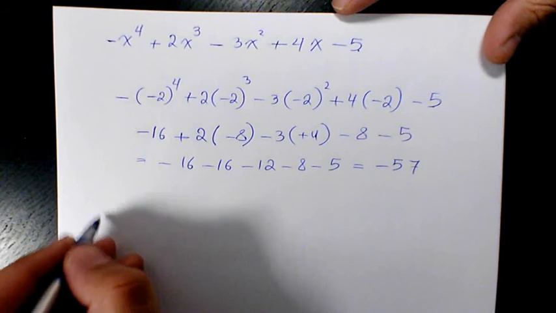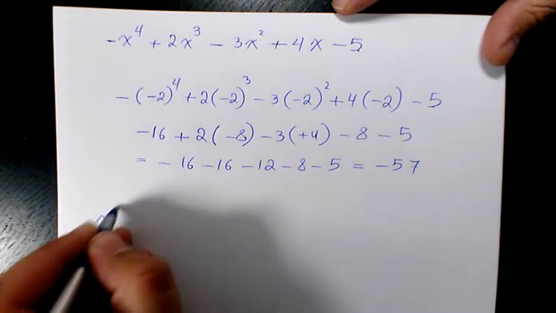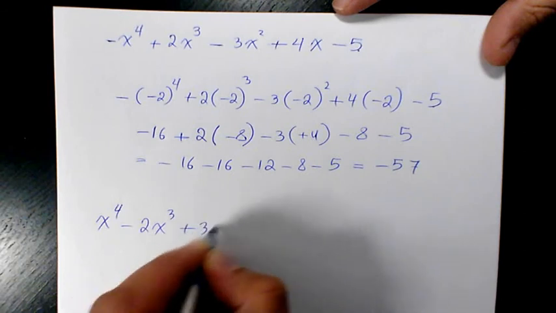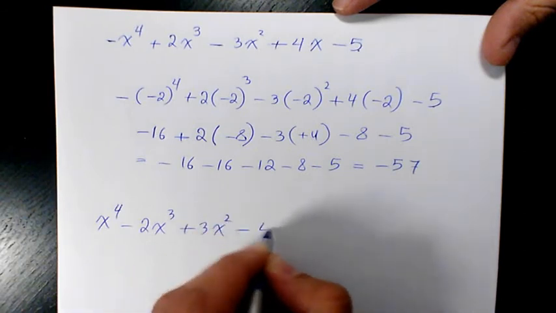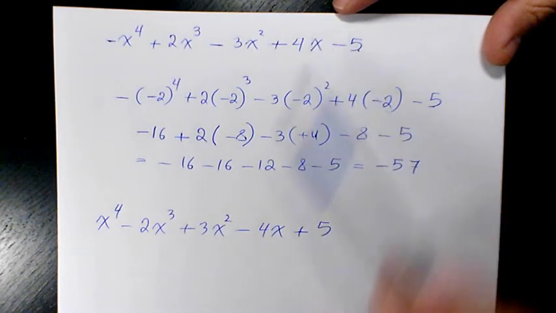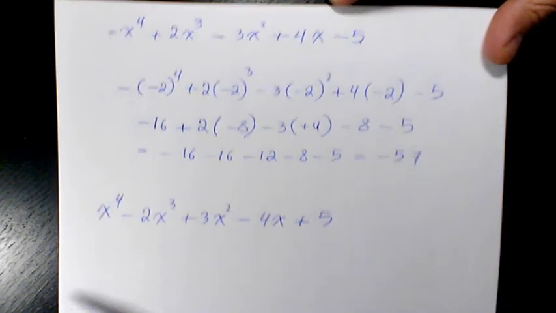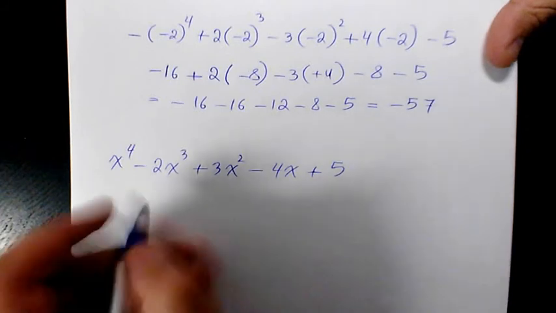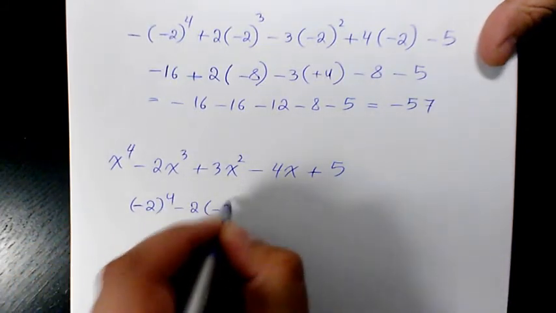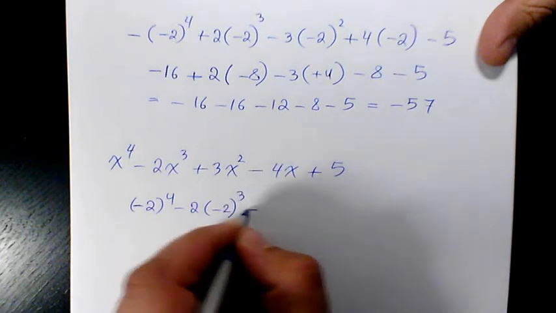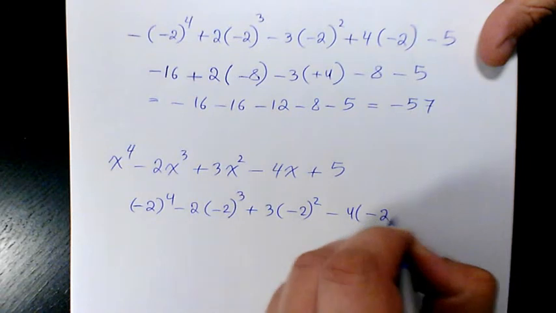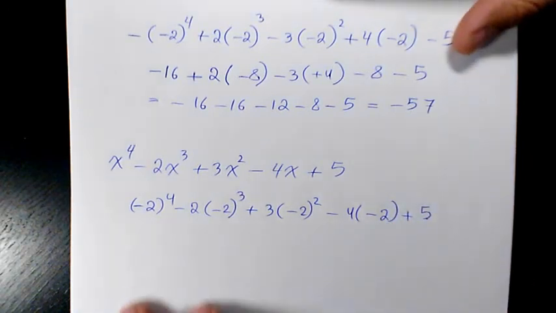Next example. x to the power of 4 minus 2x cubed plus 3x squared minus 4x plus 5. So that's exactly the same as this polynomial, but the signs are different. That's going to be negative 2 to the power of 4 minus 2 times negative 2 to the power of 3 plus 3 times negative 2 to the power of 2 minus 4 times negative 2 plus 5.